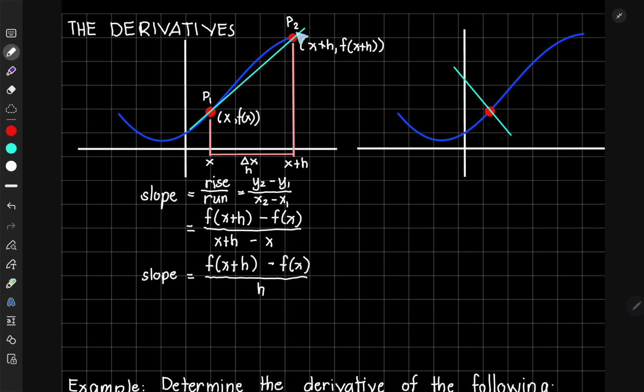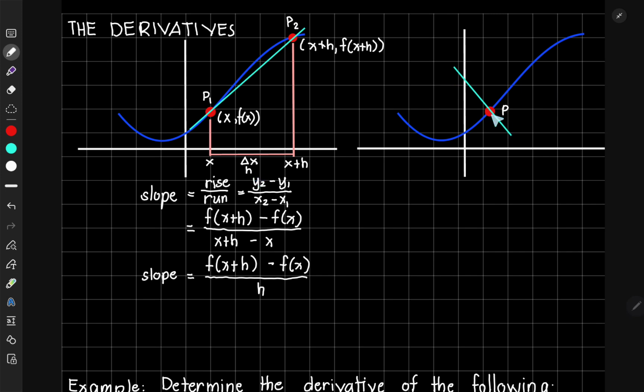So mag up to the point na yung point 2 and point 1 ay isang point na lang, like this one. So ito na lang yung point natin. So yung h natin dito would be equal to 0. So approaching siya, yung P2 natin approaching yung P1, so magiging yung h natin also approaches 0.